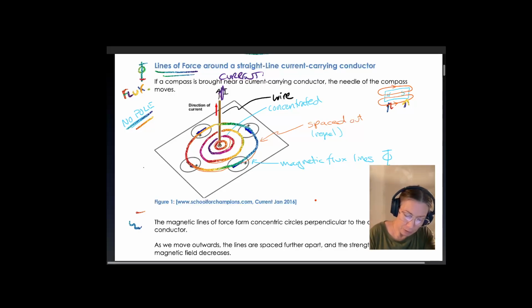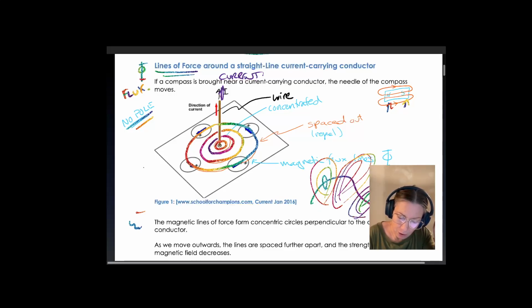Now, wires can have all sorts of shapes, and those magnetic field lines exist all around the wire. If you've worked with electromagnetism or electricity, sometimes you can find interference and weird things happen.